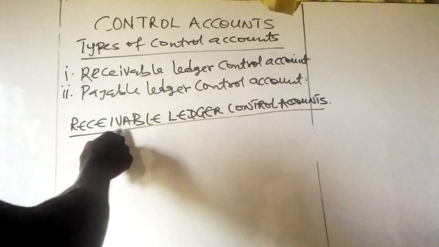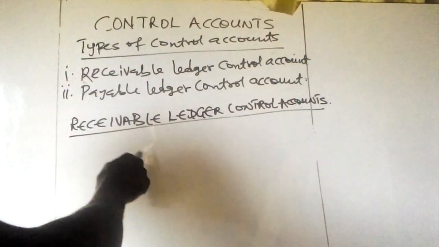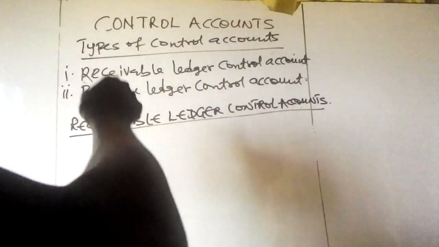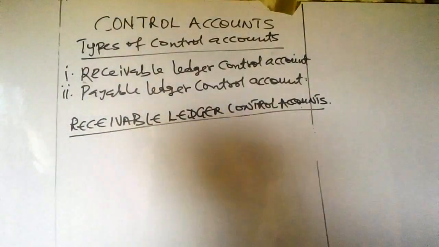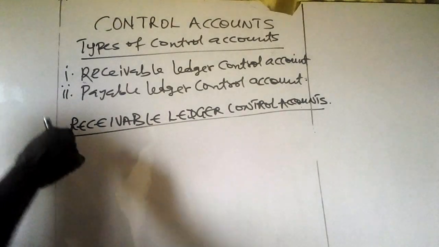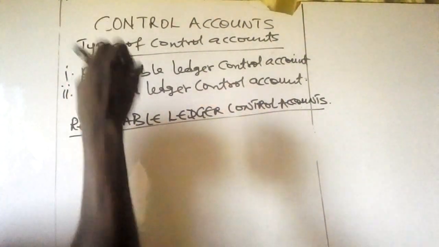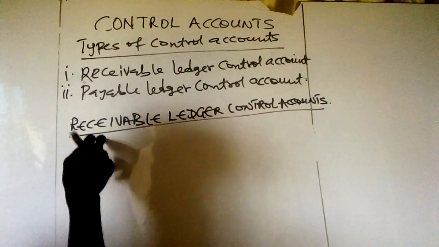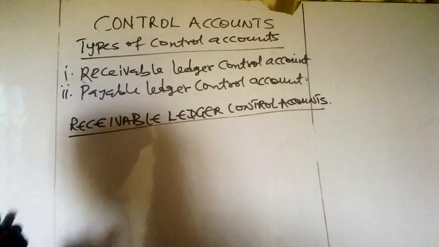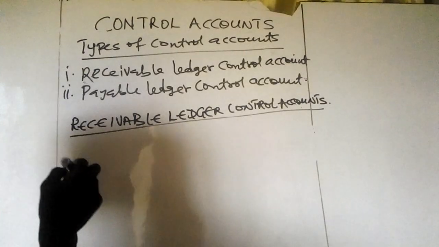The receivable ledger control account records the transactions that affect the customers. It records all the transactions that have to do with the business customers.